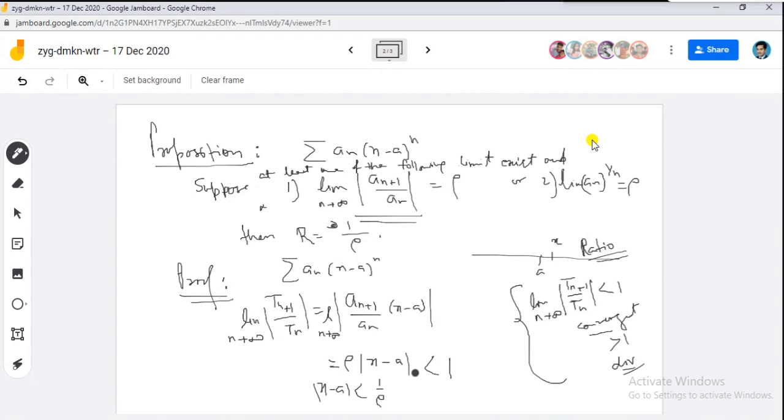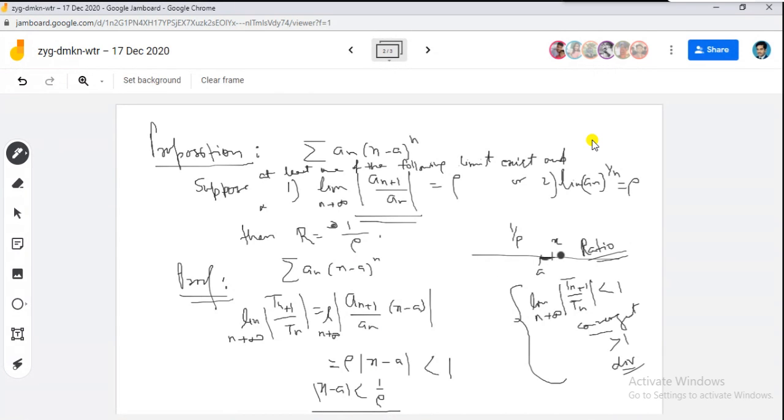This rho into mod x minus a is less than 1 means this mod x minus a is less than 1 upon rho. Whenever it is less than 1, your series is convergent. So when the distance between x and a is less than 1 upon rho, certainly it is convergent. So at least your radius of convergence is 1 upon rho.